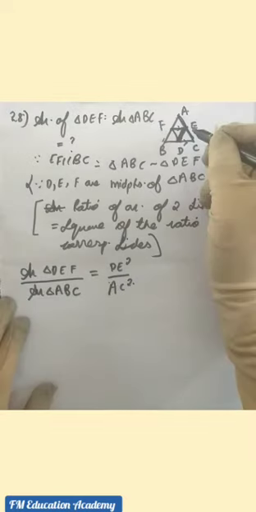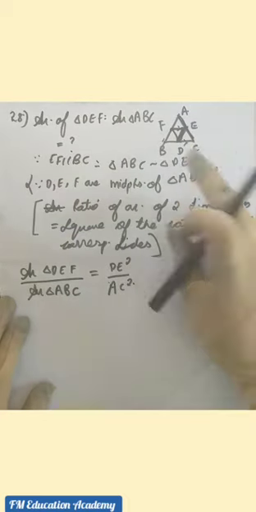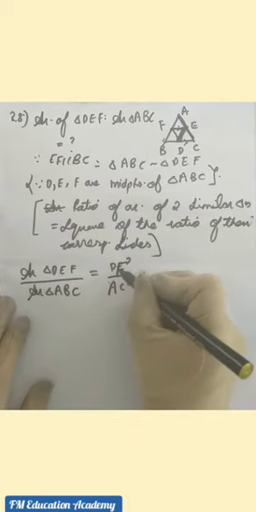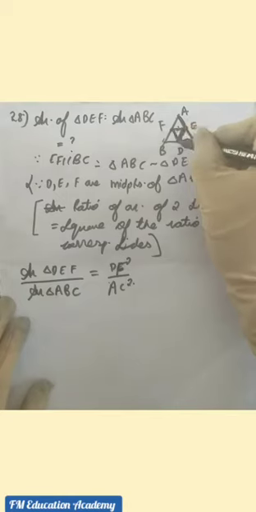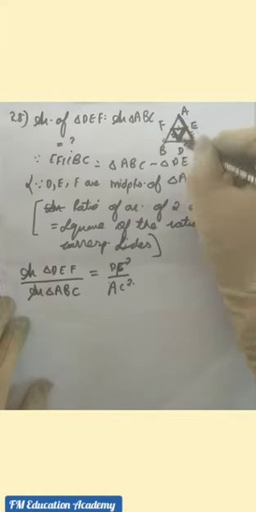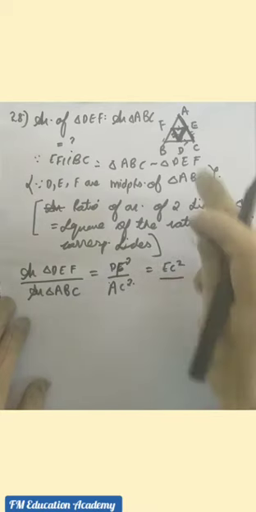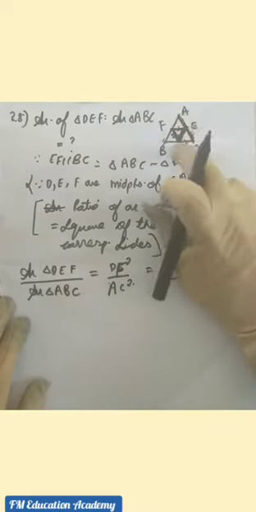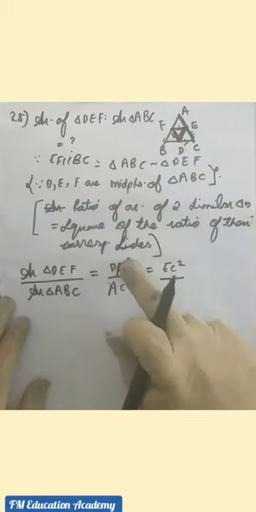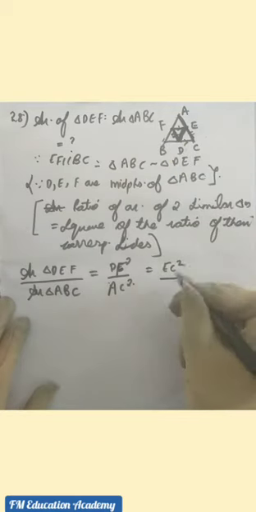Now here we can take DF also, instead of DE. Why are we taking DF? Because we know DF is parallel to EC and DF is equal to EC. So instead of DF we can write EC: EC square by AC square.